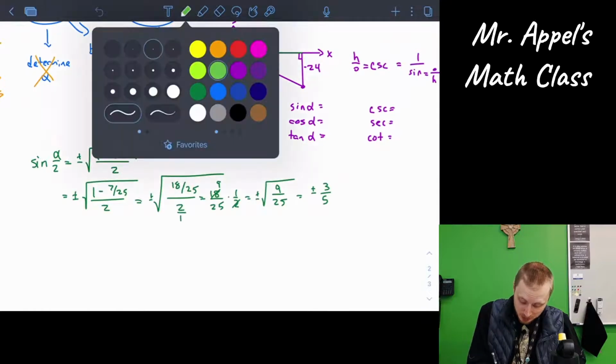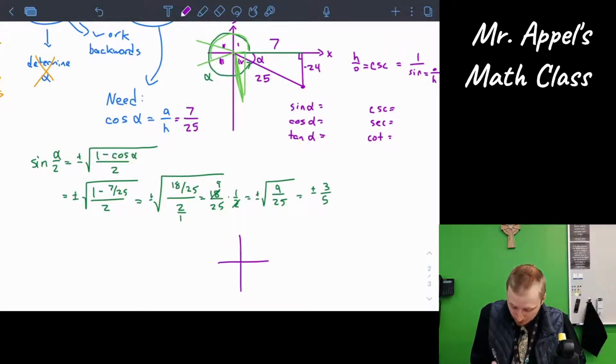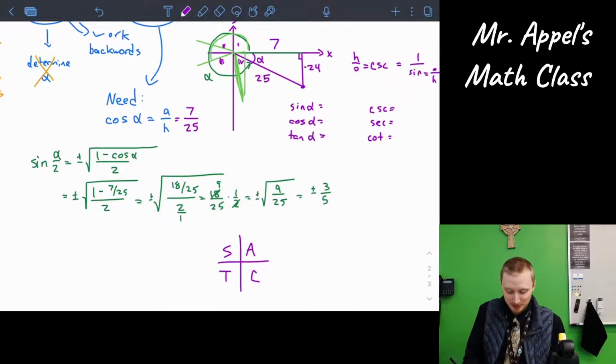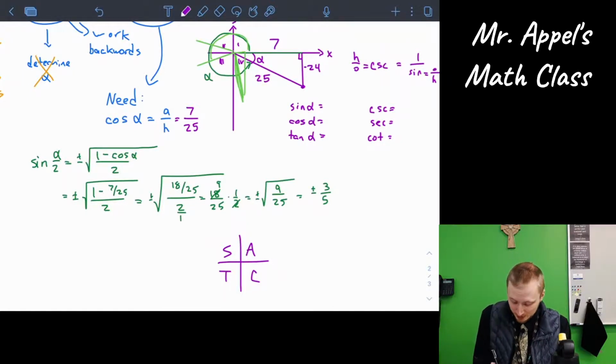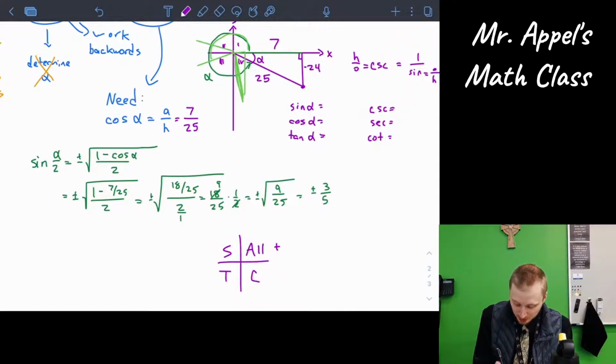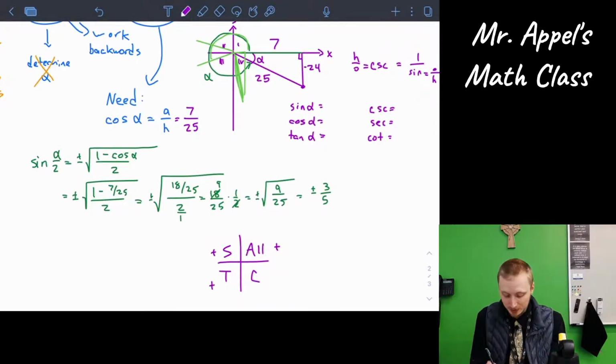Have you heard this mnemonic before? All students take calculus. Which ones are positive, which ones are negative? This says that in the first quadrant all the trig functions are positive. In this quadrant, sine is positive. In quadrant 3, only the tangent is positive. And in quadrant 4, the cosine is positive. So sine being the y value, it does depend on whether it is above or below the x-axis.